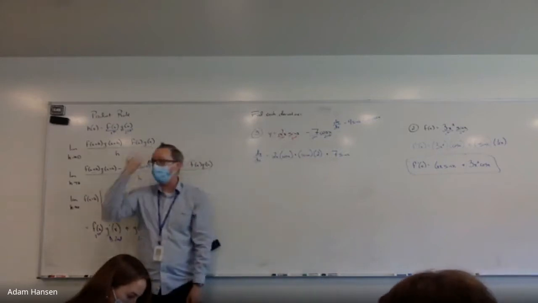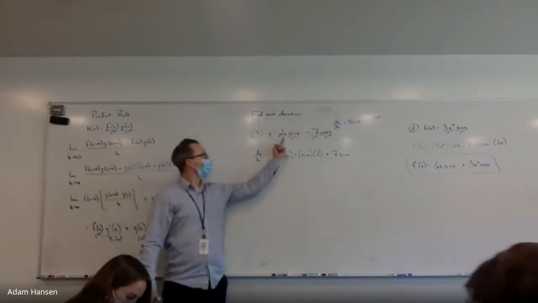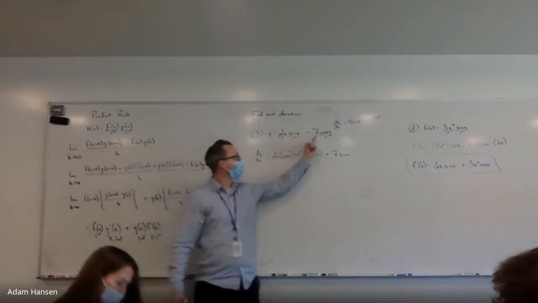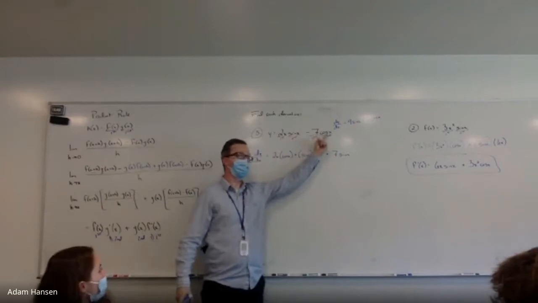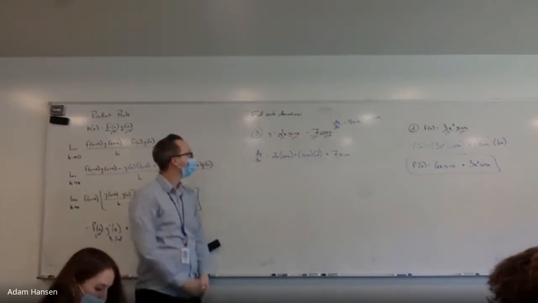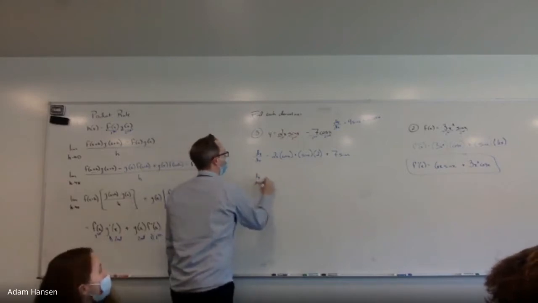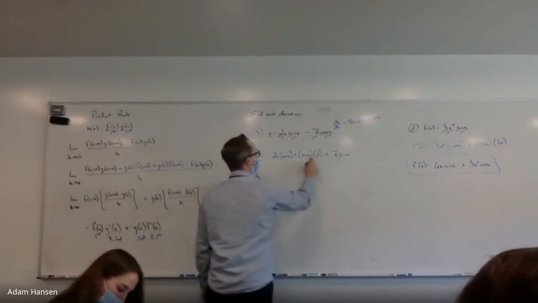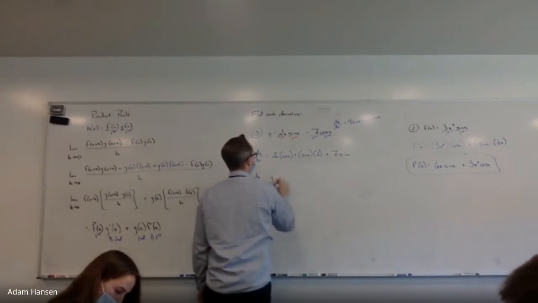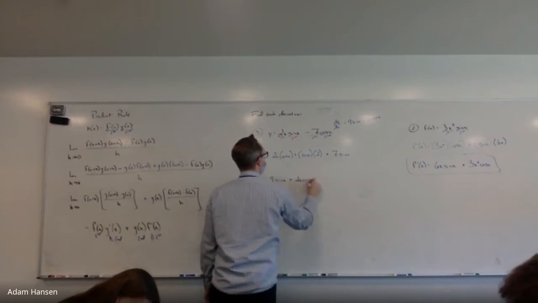It would just be more work than absolutely necessary. This is a function times a function. This is a constant, 7 is a constant times another function. So I don't have to use product rule unless I really want to. So the derivative is 7 sine x plus 2 sine x makes 9 sine x plus another 2x cosine x.